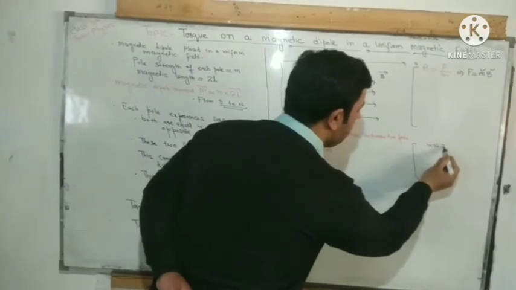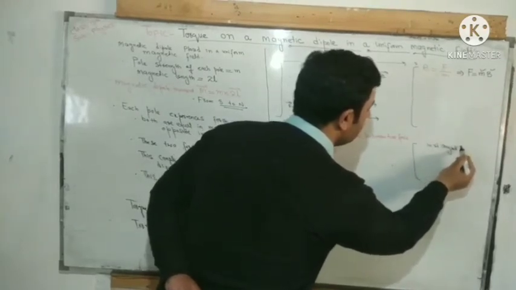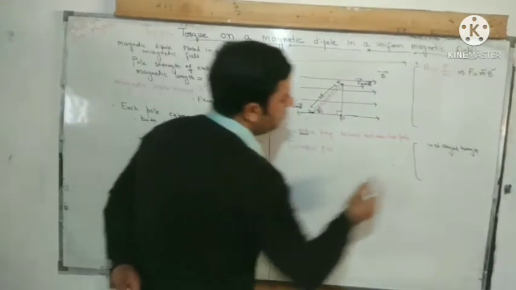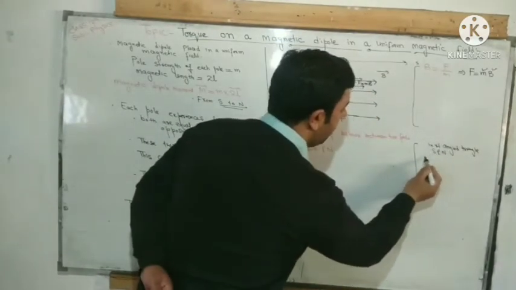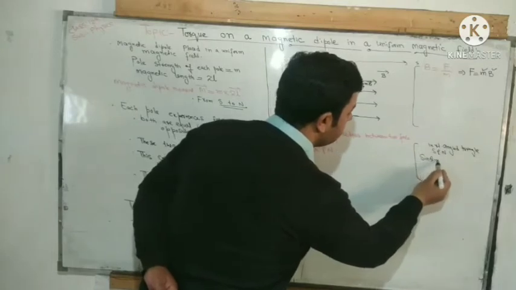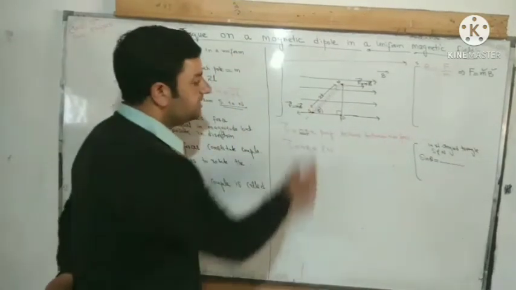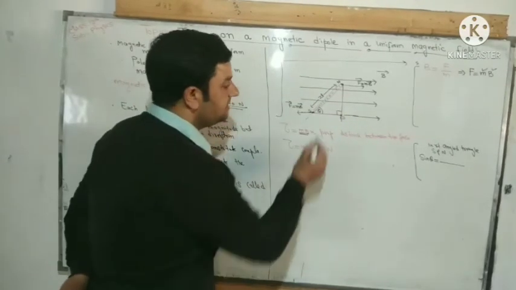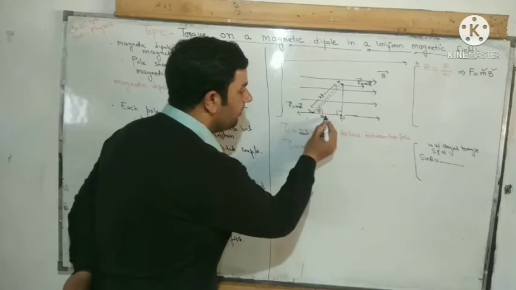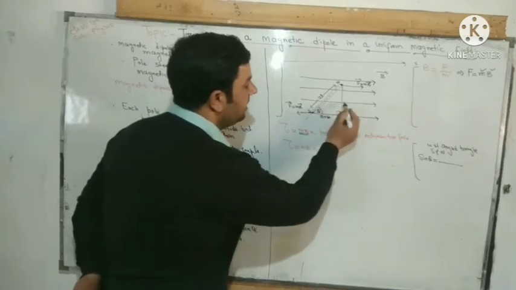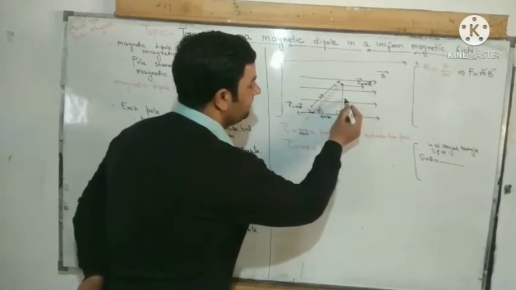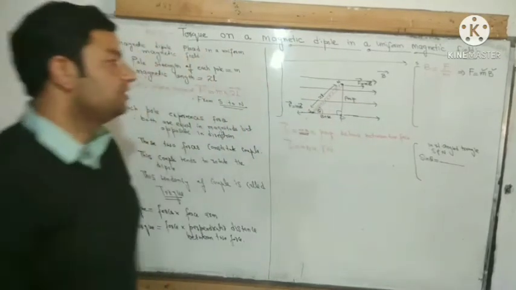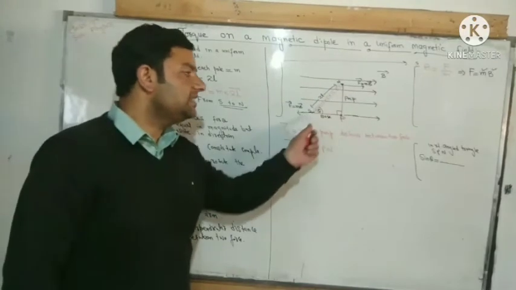In right angle triangle SPN, we take sin theta with respect to the angle. This is the opposite side, this is the perpendicular, and this is the hypotenuse. This magnetic length is the hypotenuse.